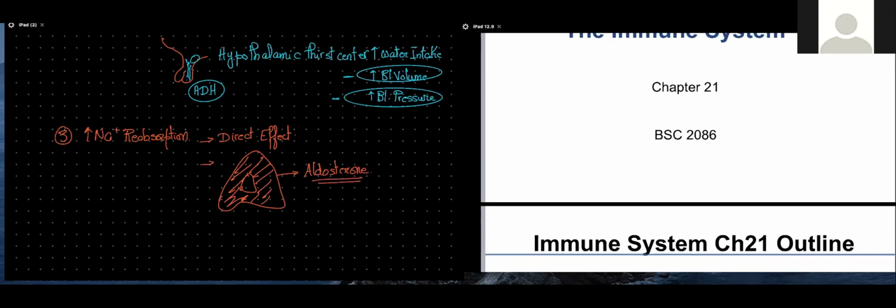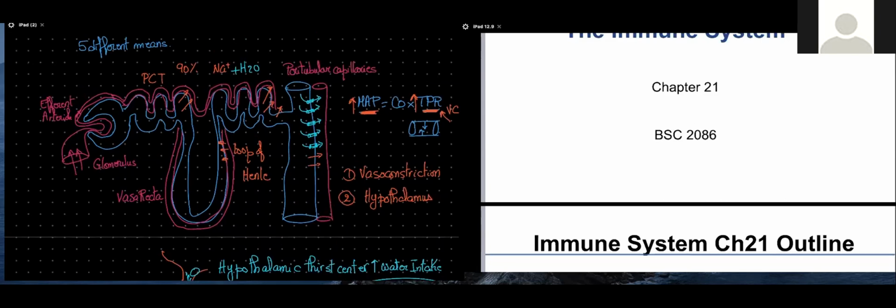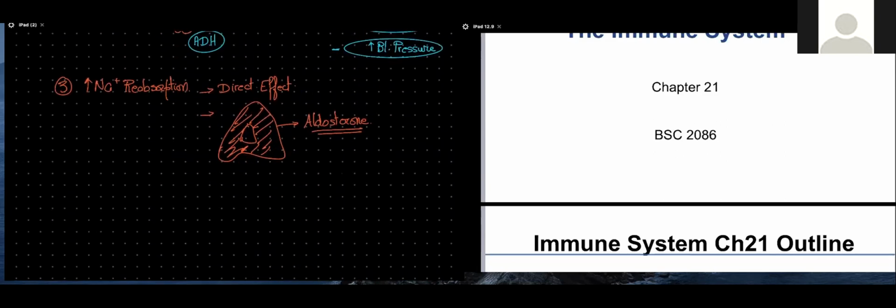Aldosterone is a mineralocorticoid that is responsible for enhancing the reabsorption in my distal convoluted tubules and from my collecting ducts. Another action for angiotensin II that we've seen was to contract the extraglomerular mesangial cells.